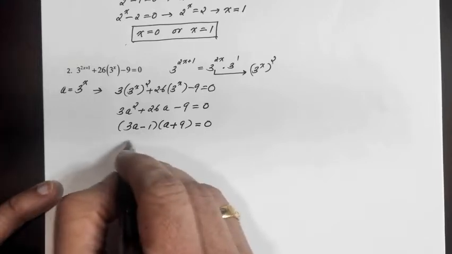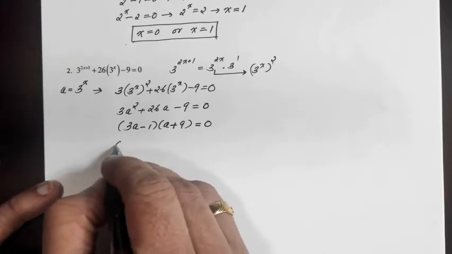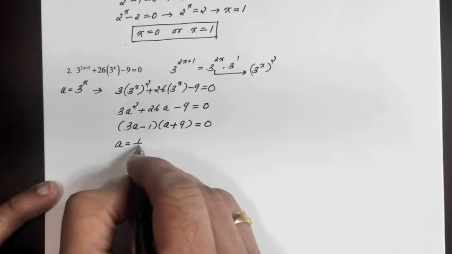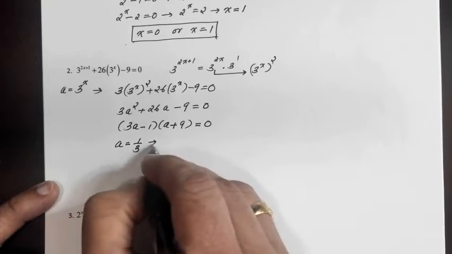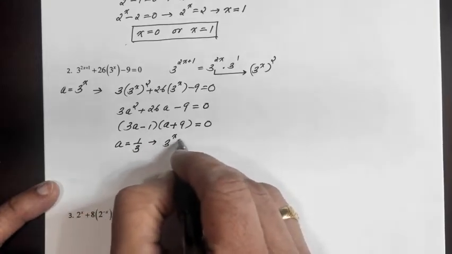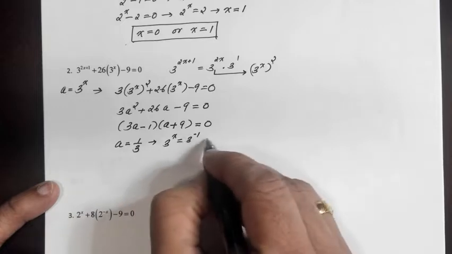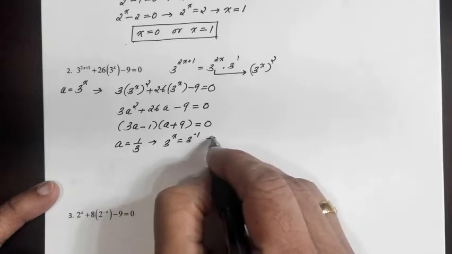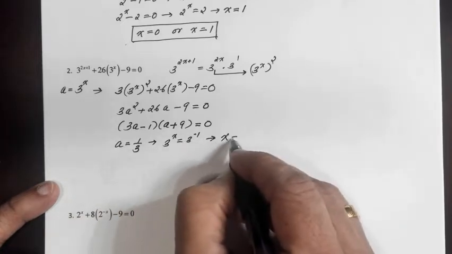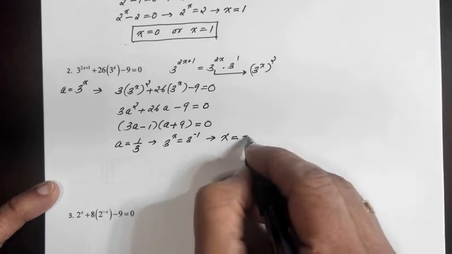Well, then one answer is going to be a is equal to 1/3, or 3 to the power of x is equal to 1/3, which is 3 to the power of negative 1, or that gives you x is equal to negative 1.